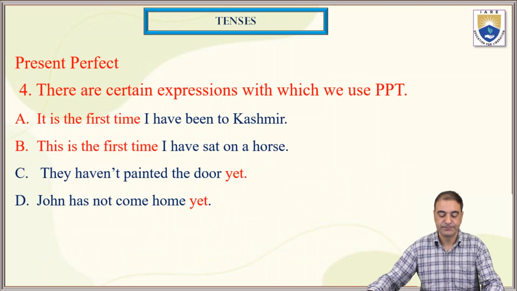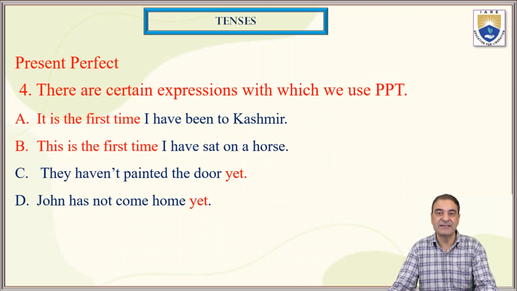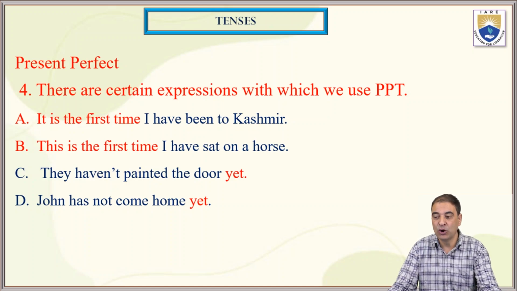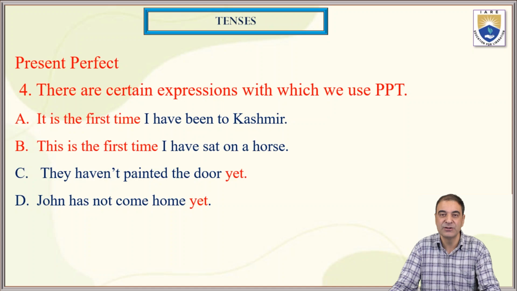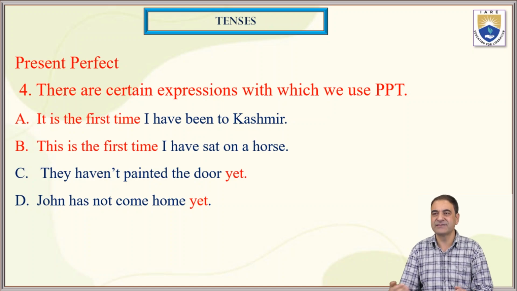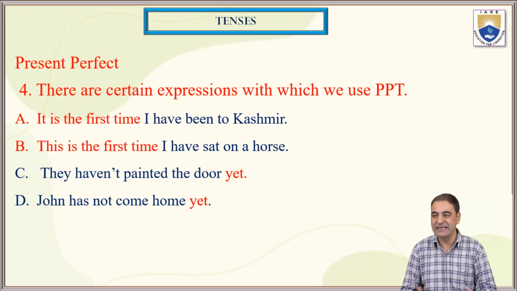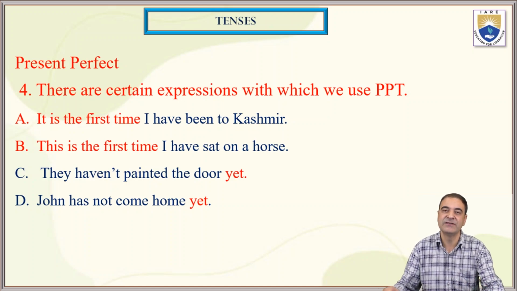Now the next one. We use this present perfect tense with certain expressions like it's the first time, it's the second time, or sixth time, or yet expression. If you find these expressions, we often use this present perfect tense with them. If it's a yet, we often use present perfect tense with these expressions.